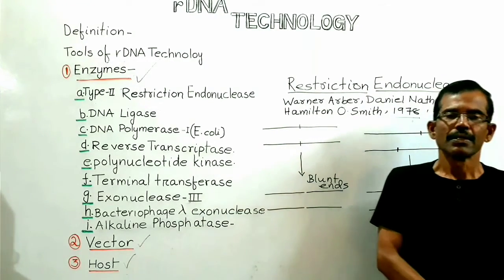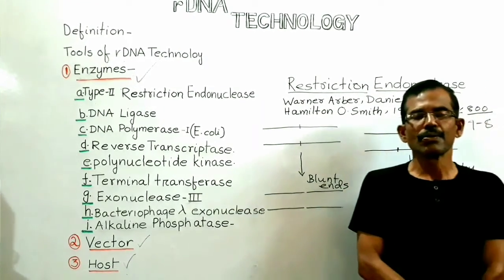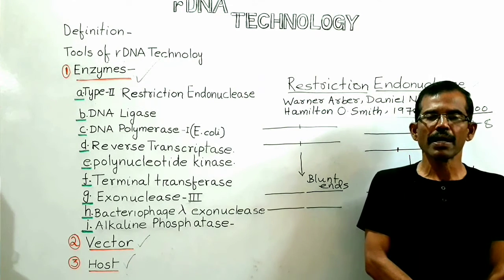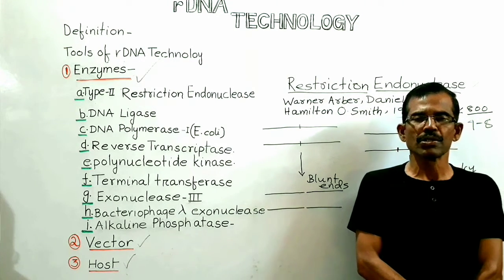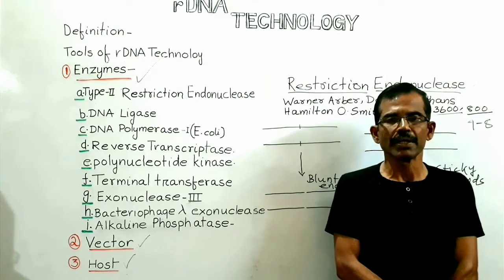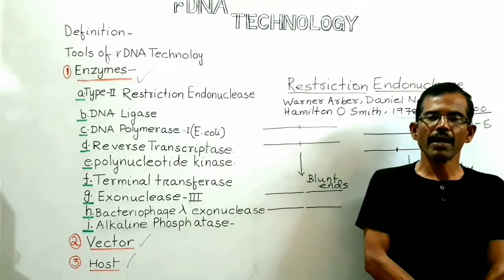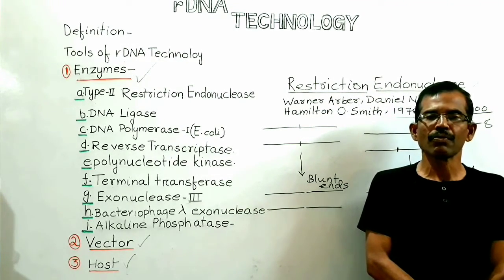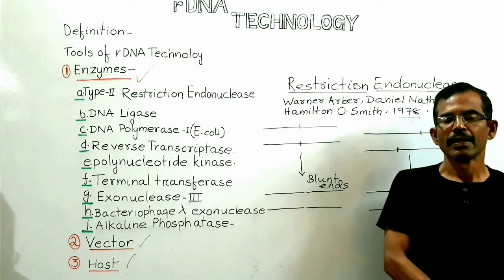Type 2 restriction endonucleases do not require ATP or S-adenosyl methionine for their activity. However, they require divalent magnesium ion.